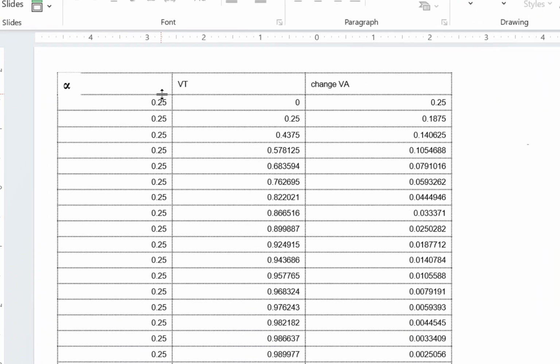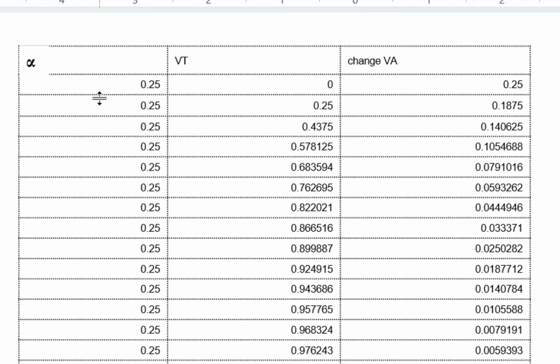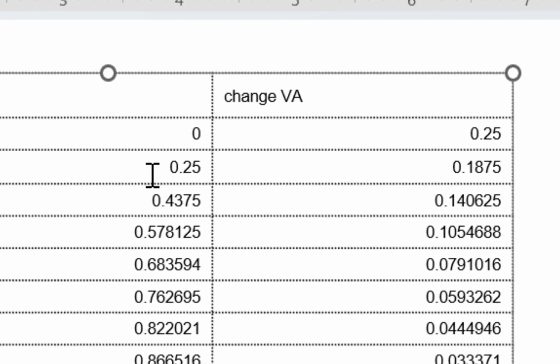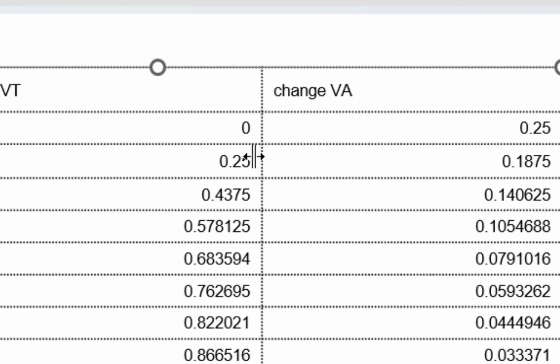Okay, so alpha remains the same. These represent trials. Trial 1, 2, 3, 4, 5, 6, 7. The total has to be added. So on trial 1, it changed 0.25. On trial 2, it changed a little less because the total's here.